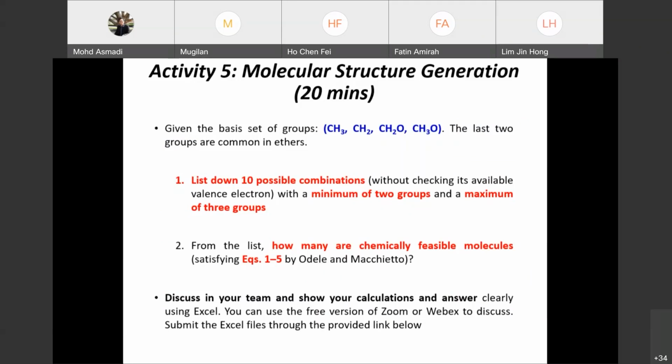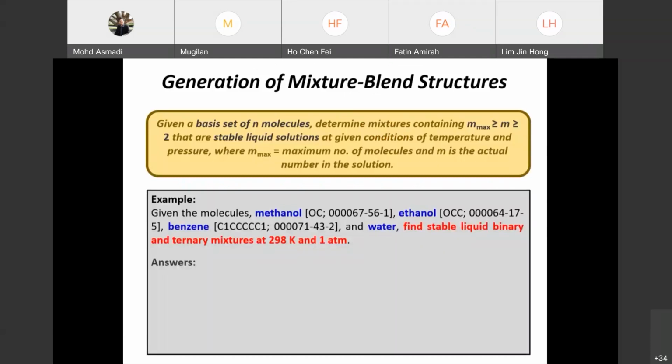You need the information of the contribution of the group vector. So activity 6 we cannot do in the class. This one I will set as assignment, 4 and 5, for the generation of mixture blend structure.